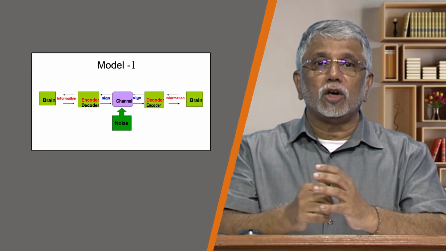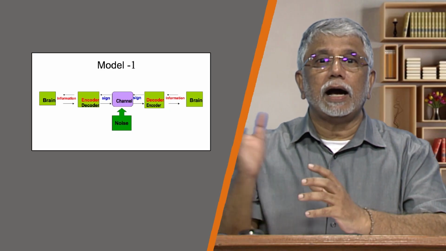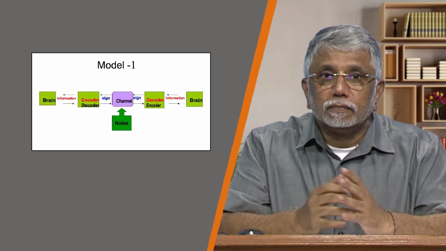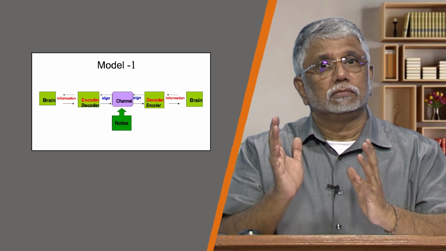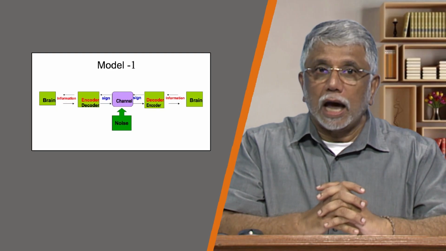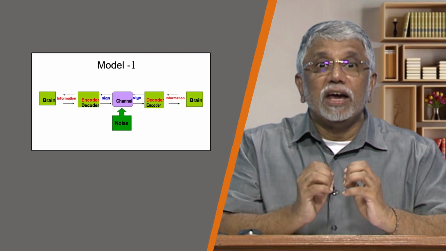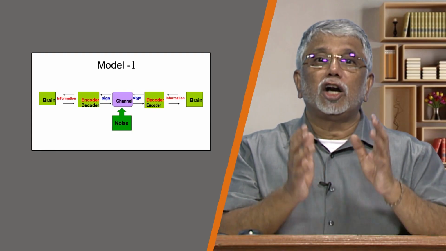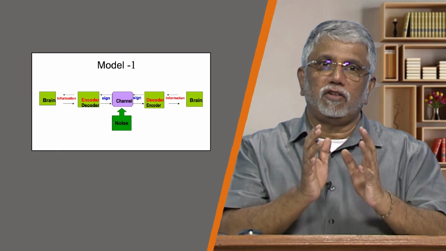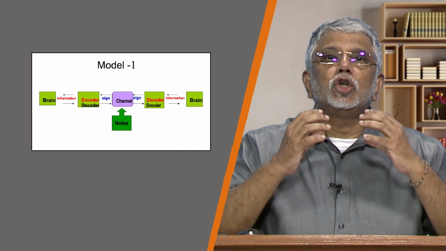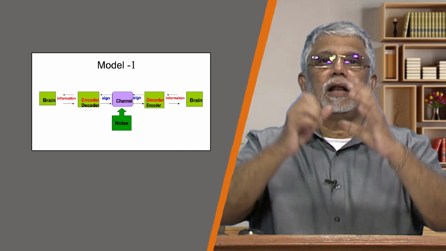All we had to do was think and the other person will catch our thoughts. That is telepathy. That's still in the future. As of now, we need a vehicle for our thoughts, for our ideas, for the information we seek to convey to travel through the channel.